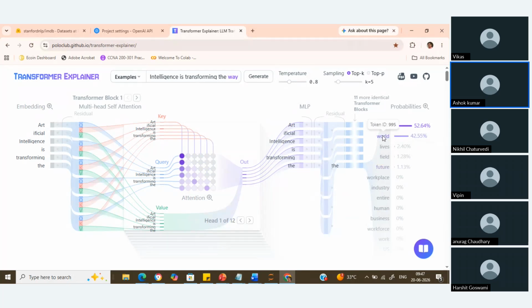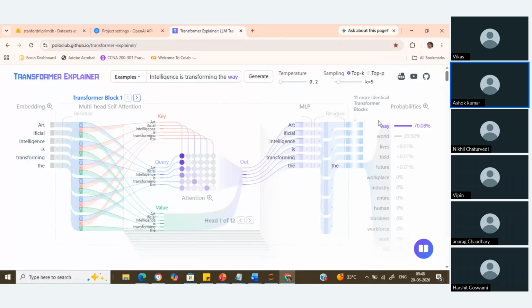Those multiple options have different probabilities, and we can tune or tweak this probability based upon the temperature. If we minimize the temperature, it is going to reduce the diversification.